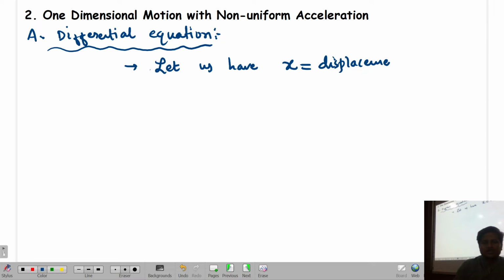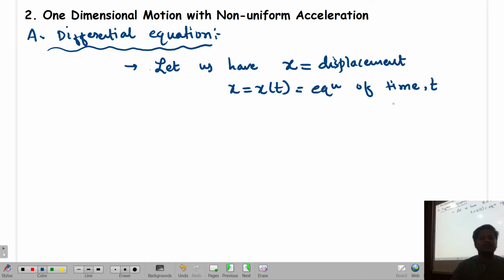What you observe is that the displacement of the body is dependent upon time. Dependent upon time means that x will be written in the form of t square plus 2t, so the RHS of x will have equations of time, like t square plus 2t plus 3t plus 4t, whatever it is.